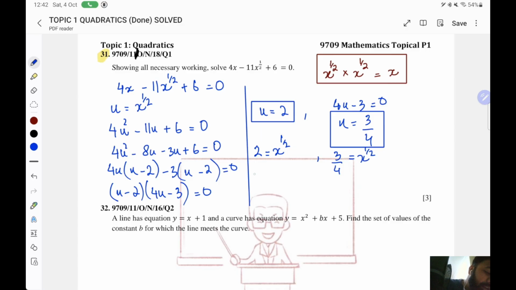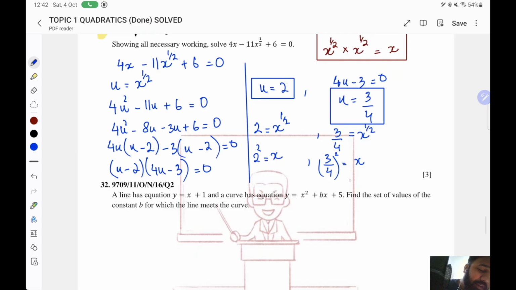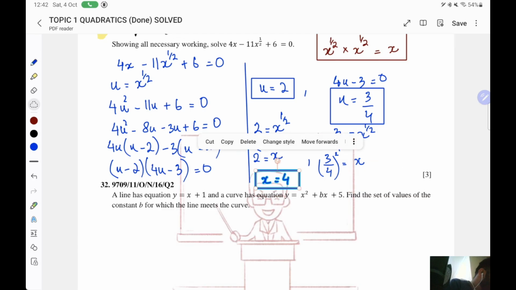So it will become 2 power 2 equals x, and on the other side it will be 3 by 4 power 2 equals x. Now let me write the two values of x here. One value of x that you will find is 4 and the other value of x will be 9 by 16.